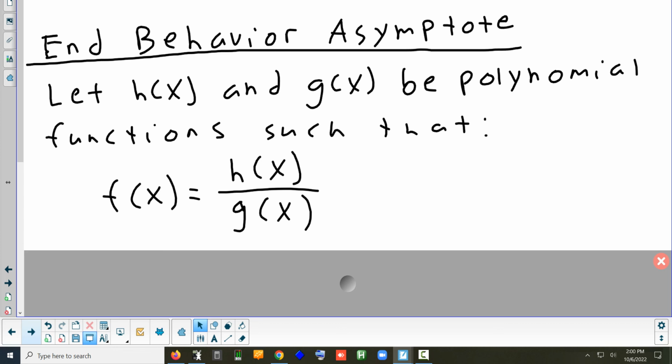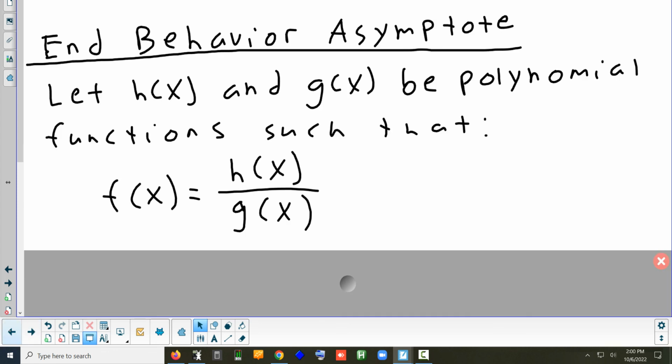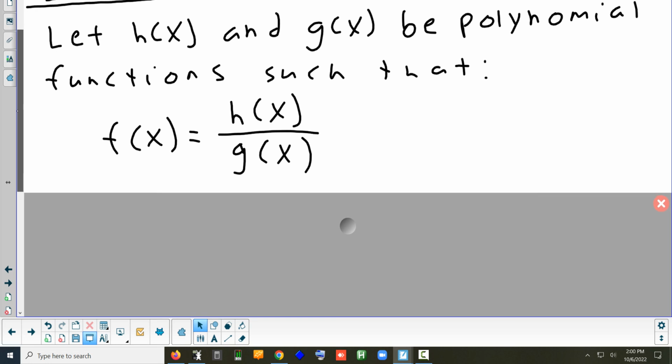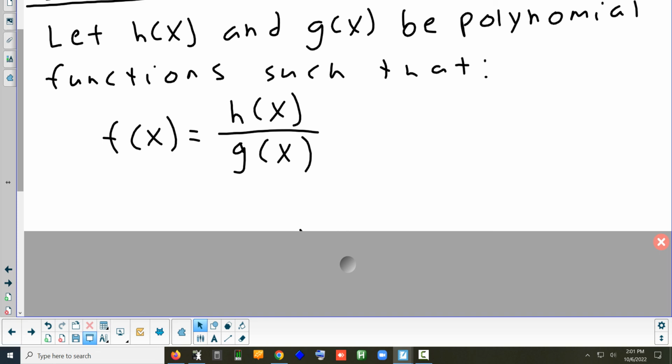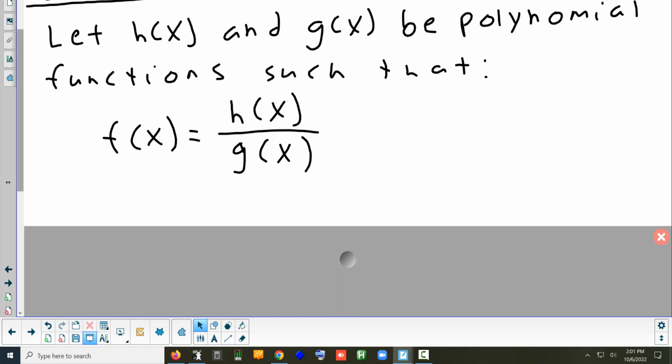So let's say I gave you a problem. An example problem is going to look something like this. You'll have a polynomial on the top, and you'll have another one in the bottom. If we divided these two things out, okay, we talked about how to do that on Monday.